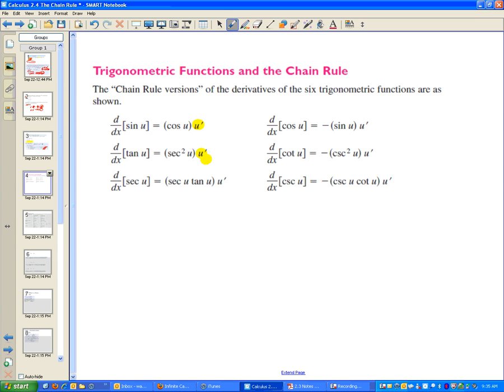Derivative of u, derivative of u, derivative of u. It's the exact same formula you've already memorized times the derivative of u. Okay? So if nothing else, if you know you're supposed to use the chain rule and you're not sure what to do, do the same formula as before, and then at the end, derivative of u.